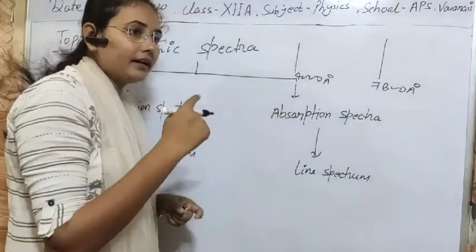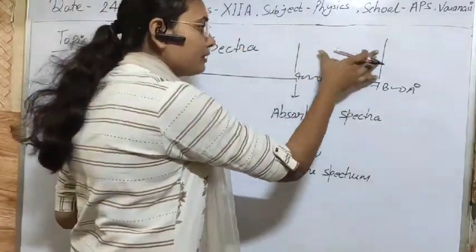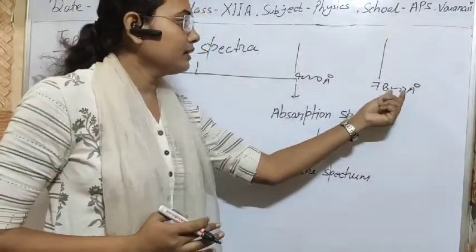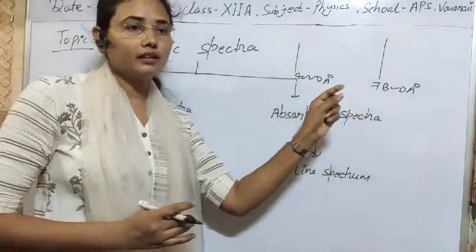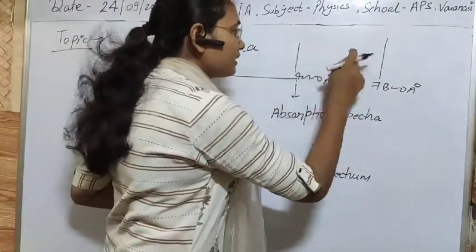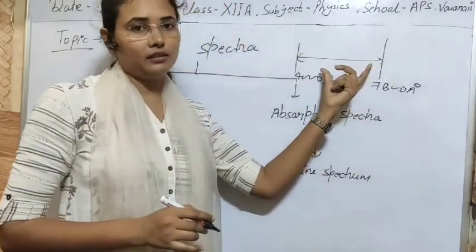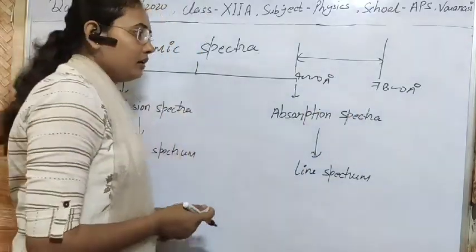So we will get light for every wavelength between them, from 4000 to 7800 angstrom, for every single wavelength. This spectrum is continuously formed within this region. This type of spectra is known as continuous spectra.